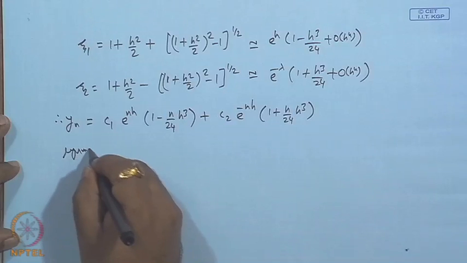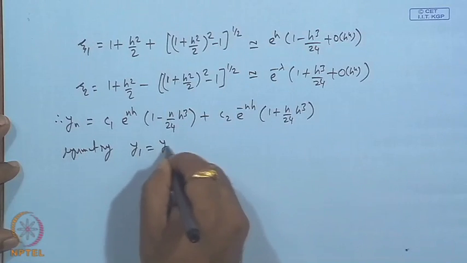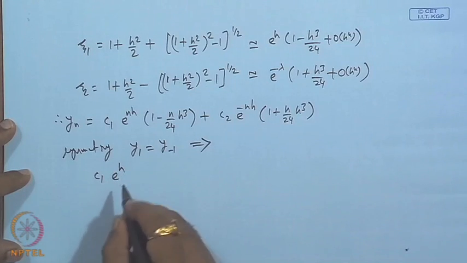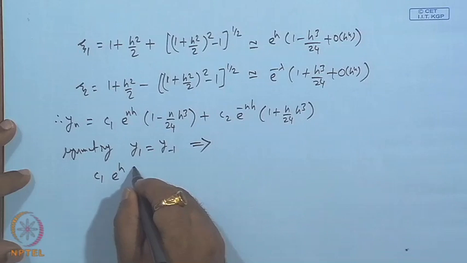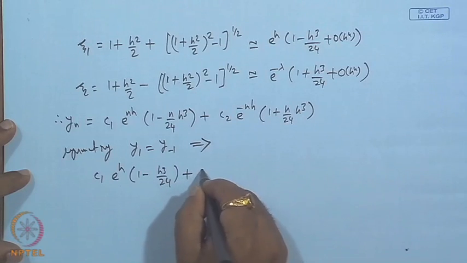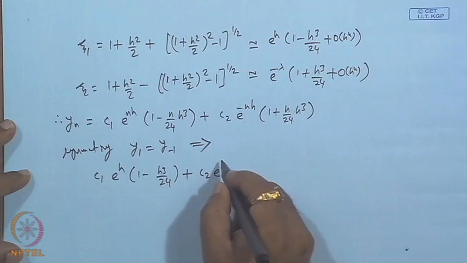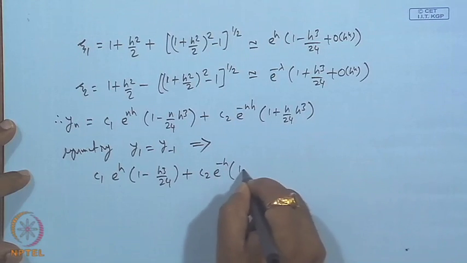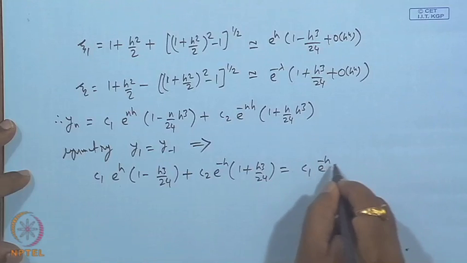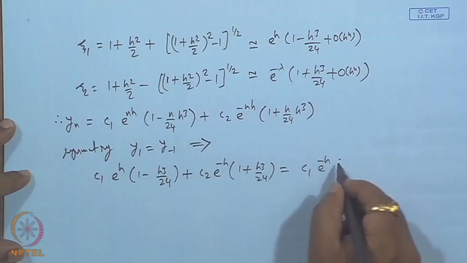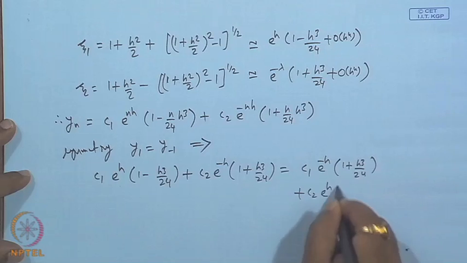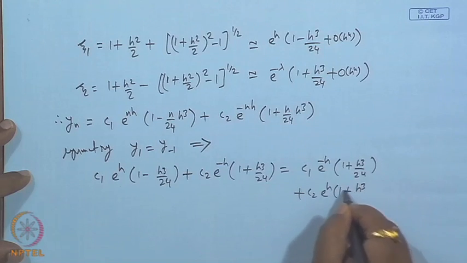Now, the symmetry y 1 is y minus 1. So, this implies C 1 E h okay, y 1 minus 1 so this is minus here.